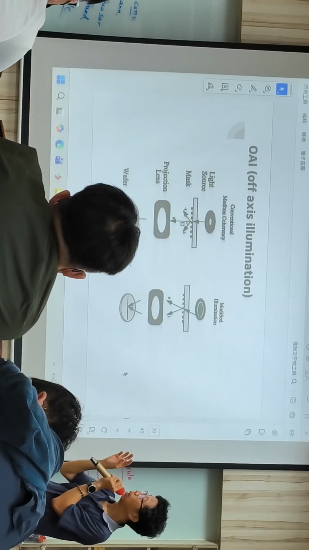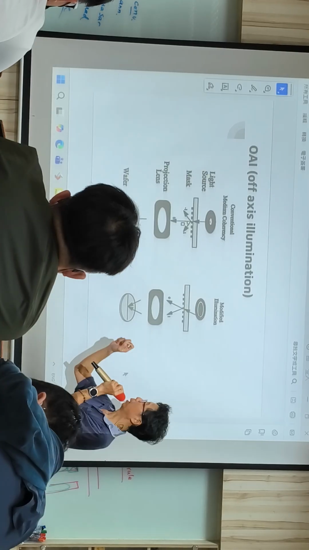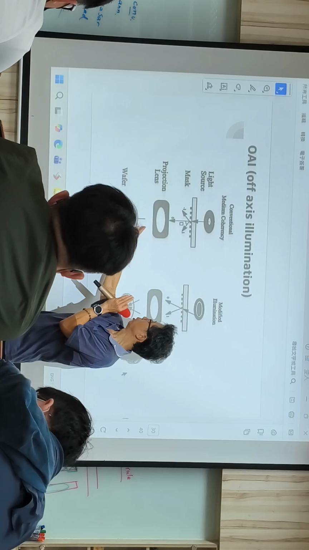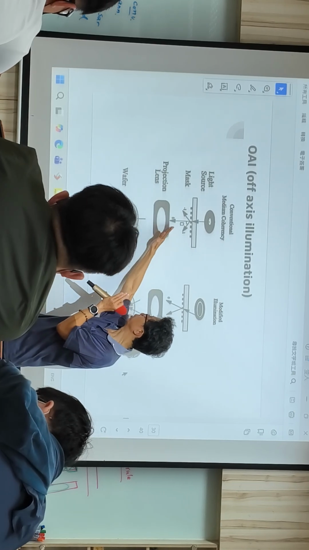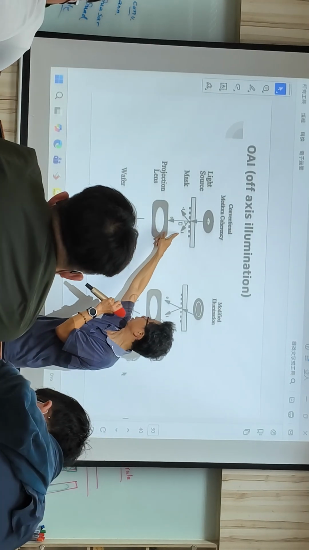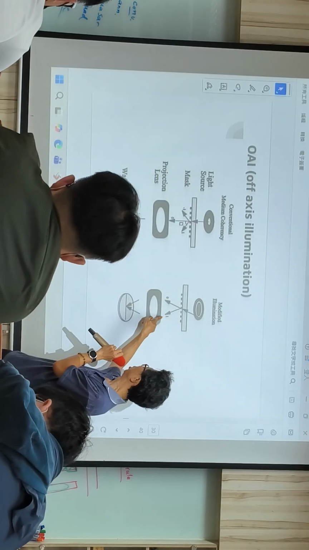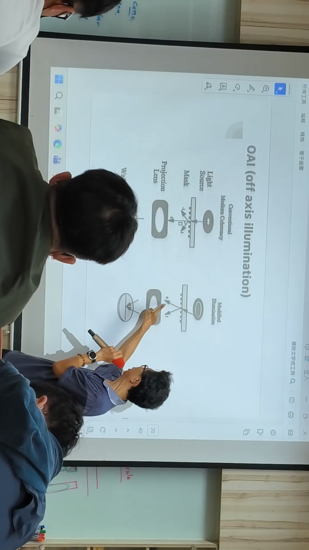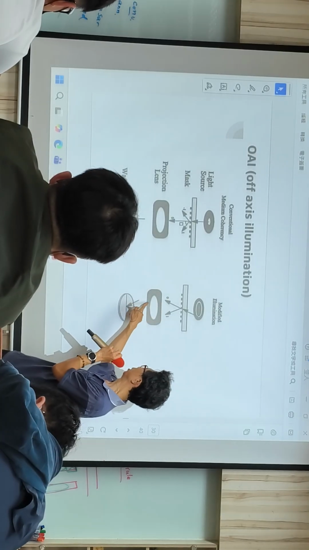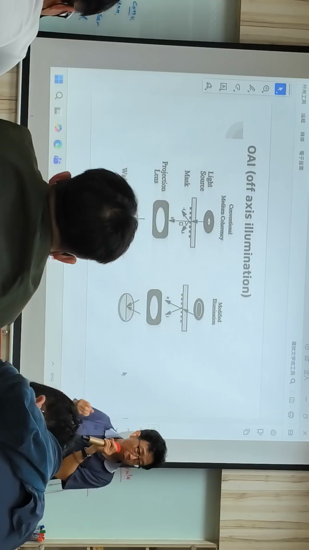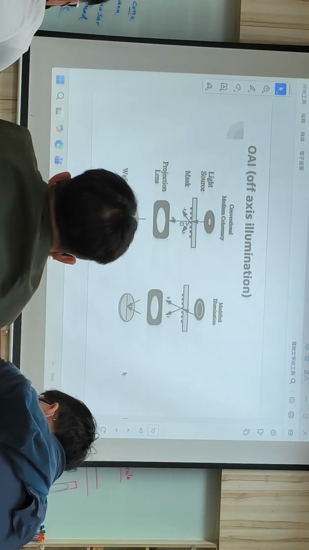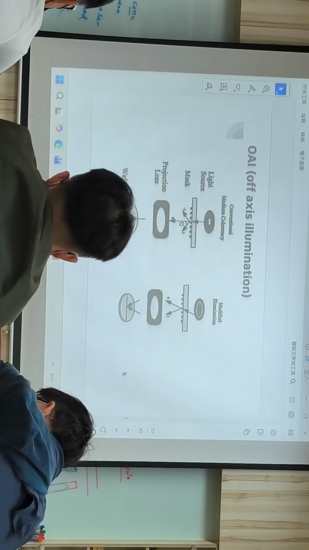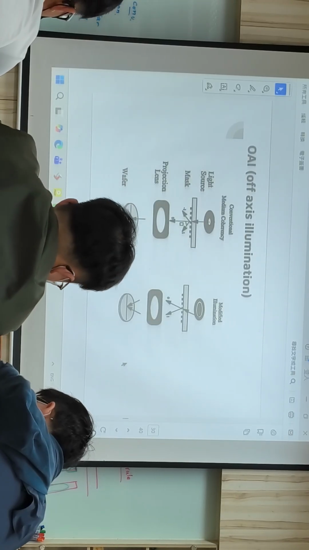From this figure, with the same angle, conventional illumination will not be able to collect the +1, but with the OAI we will be able to collect the +1, and then at least with the 0 and 1 we have two-beam interference to form an image. That's the foundation, and that's the reason we use OAI for high resolution imaging.